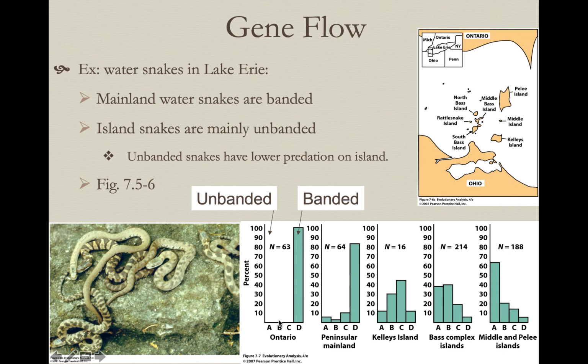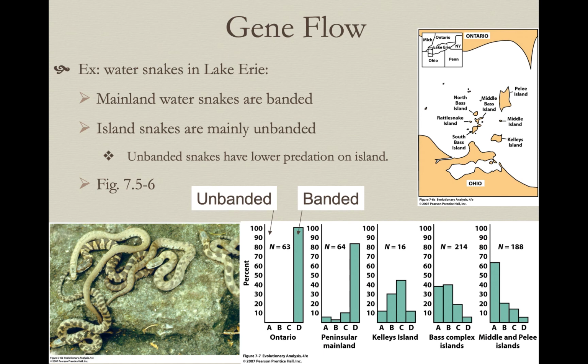So if you look at the different populations of these snakes, you see that, again, if you get out on the peninsula but you're still in the mainland, you still have mainly banded snakes, but you're starting to pick up some unbanded snakes. Now you start getting out to these islands and you see a greater mixture of bandedness. When you get out farther away from the mainland, so these that are the farthest from the mainland, that's where you actually have the highest frequency of unbanded snakes.